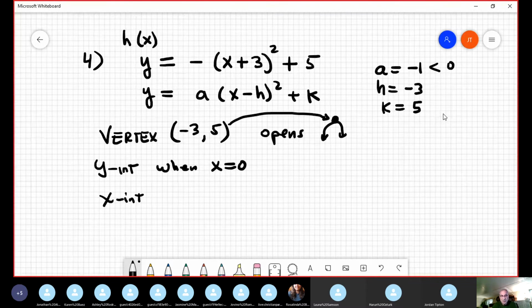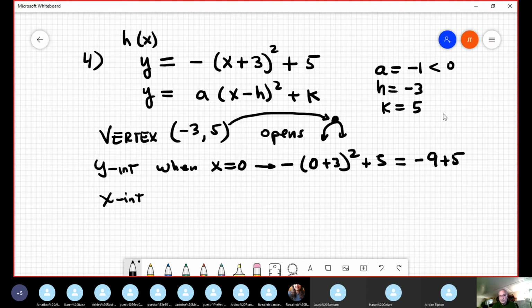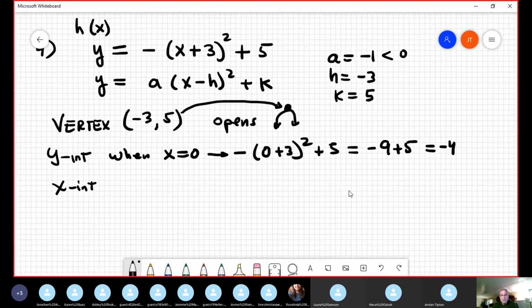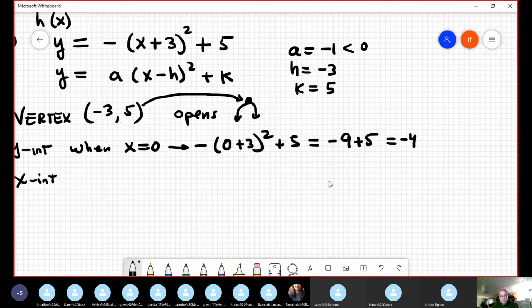You put 0 in the x: minus (0 plus 3) squared plus 5. 0 plus 3 is 3, and 3 squared is 9. But we have a minus in front, so -9, plus 5 is -4. Therefore the point is (0, -4). Remember, the supposition was that x is 0. This is x, and this is y after the evaluation.